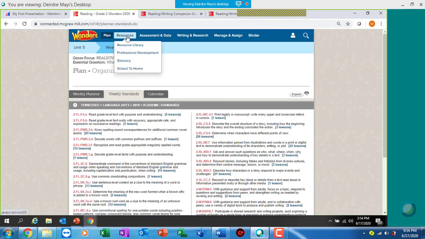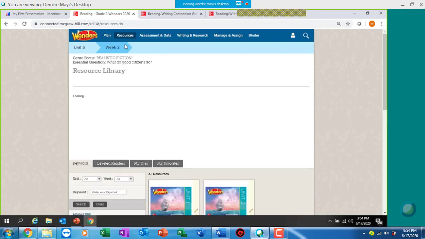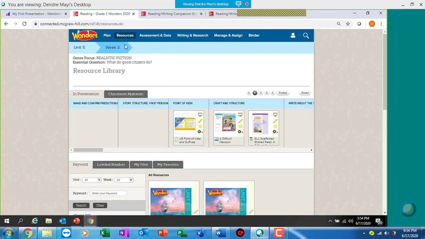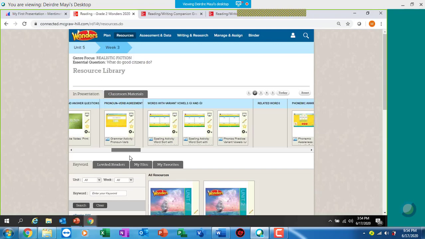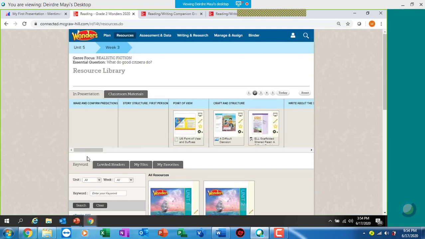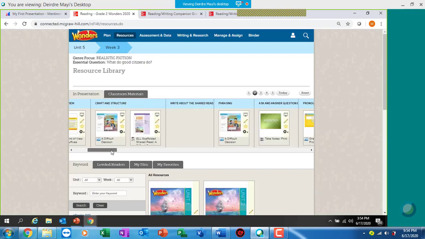Now, under resources, and resources will be very, very critical, you will notice the resource library being the first option. Now, remember how I showed you the presentation that was created for day 2? What you're seeing here are all the slides in that presentation.